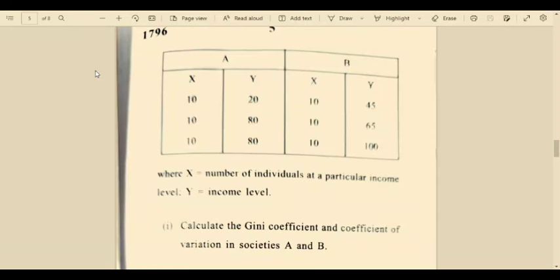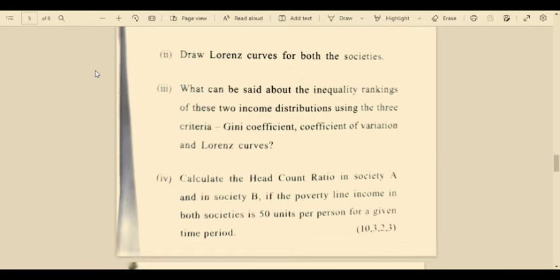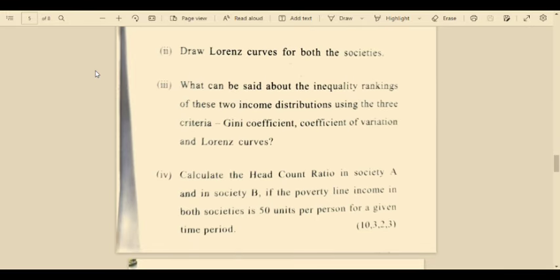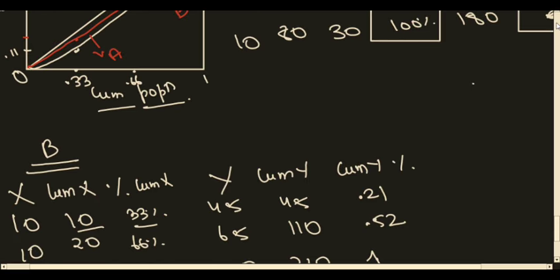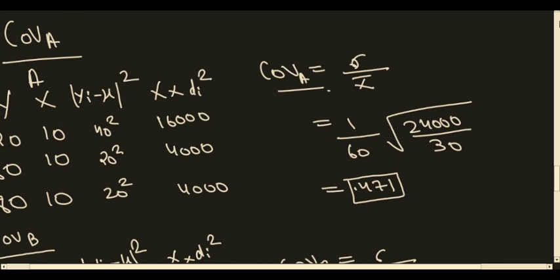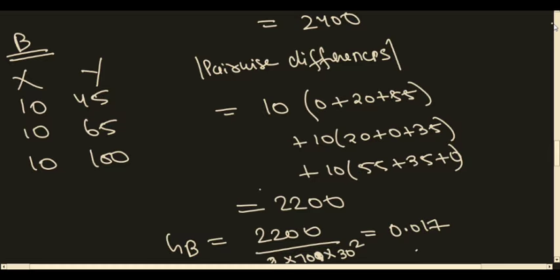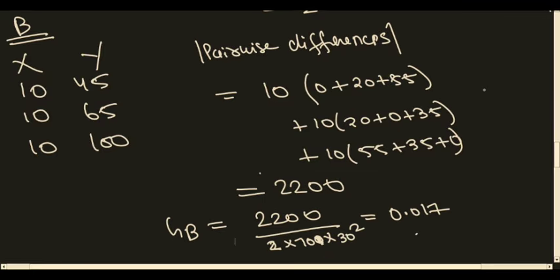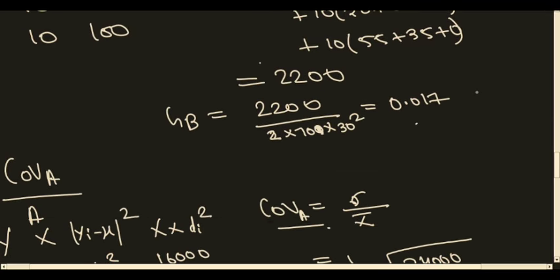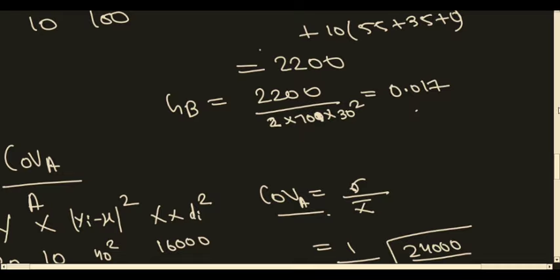Okay. Part C now. It says, what can be said about the inequality rankings using 3 criteria: Gini, COV, and Lorenz curves. Through Gini, we can say that for country A we have 0.022, and for Gini coefficient of country B we had 0.017.